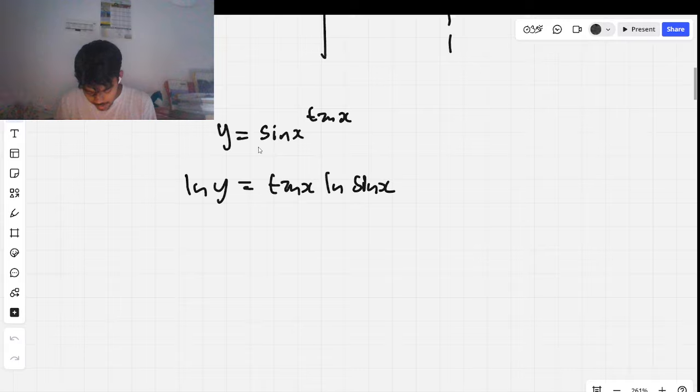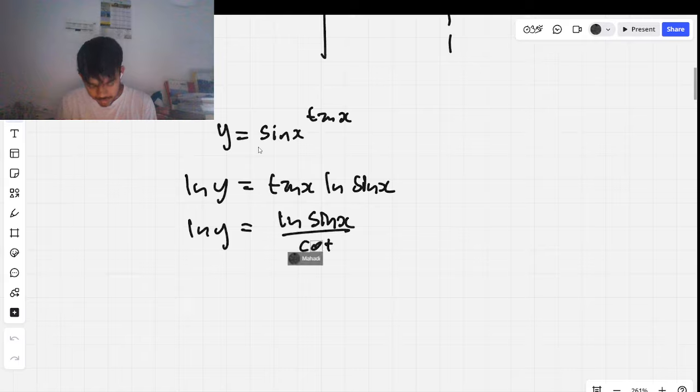And then I am going to rewrite this as a fraction. So ln y is equal to ln sine x over cot x, and we want the limit of this as x tends to pi by 2. Now, I am going to use L'Hopital's rule.